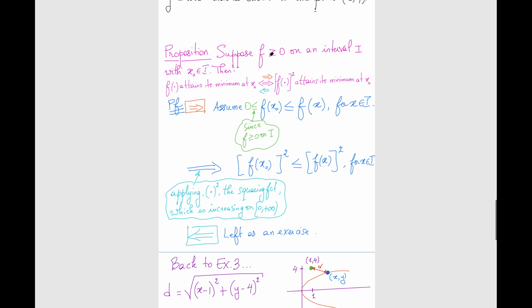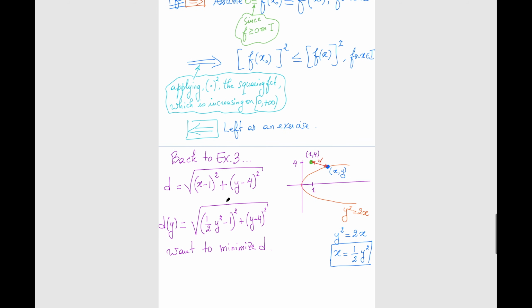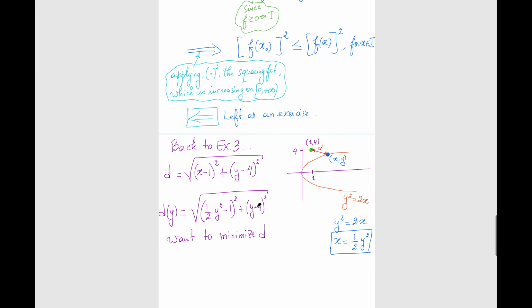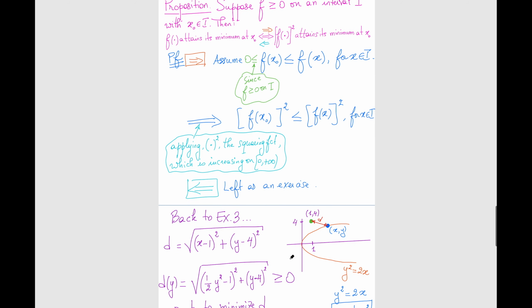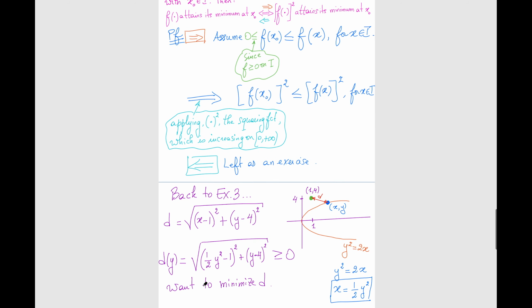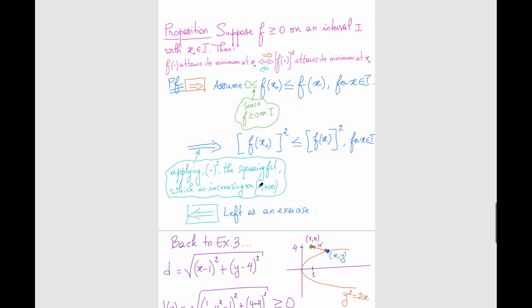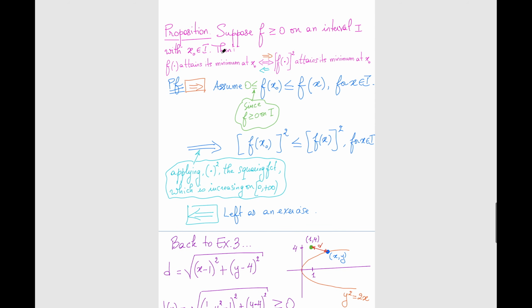If you have a function which is non-negative, and certainly this is non-negative, because it's the square root of something, on some interval, and the interval here is y from minus infinity to plus infinity, right? Because this function blows up this way and blows up the other way. So I is all of R.